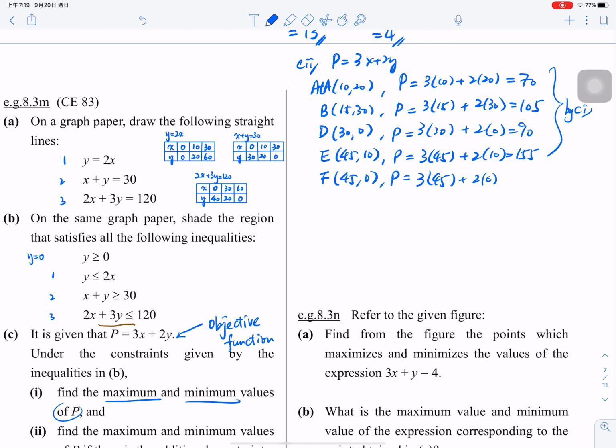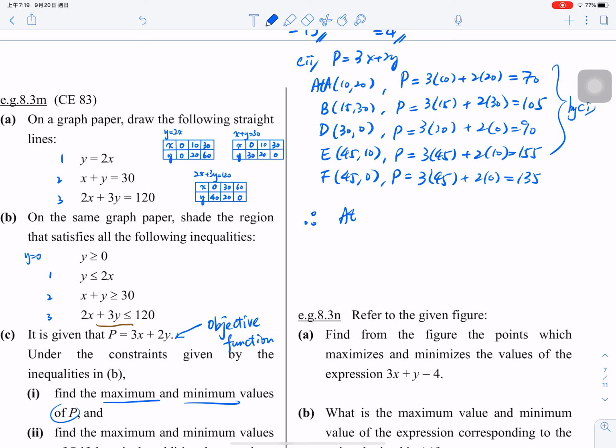At the end, you found that at E, 45, 10, the maximum of P equals 155.